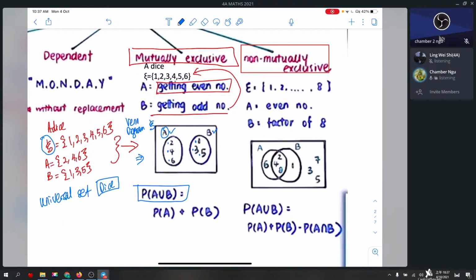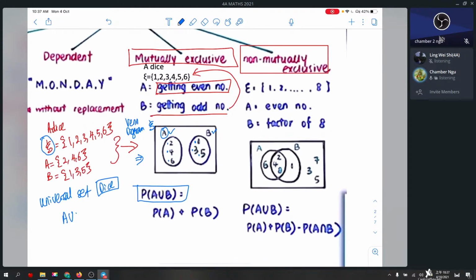Okay, before I write the probability, if A union B, this is union. Union means 'and' or 'or'. That means intersect. Sorry, no. Okay, like this.